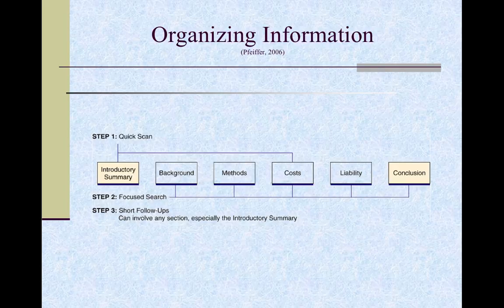If they like what they read in the introduction, if the introduction is well written, the ideas clearly presented, then they will proceed to the second step, which is to do a more focused and detailed reading of the document.